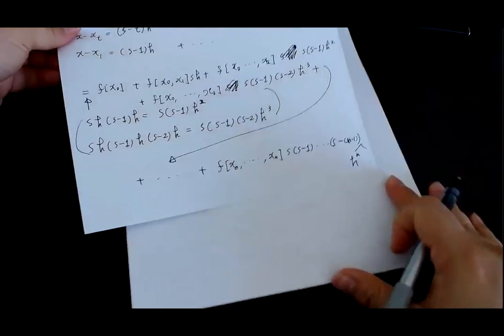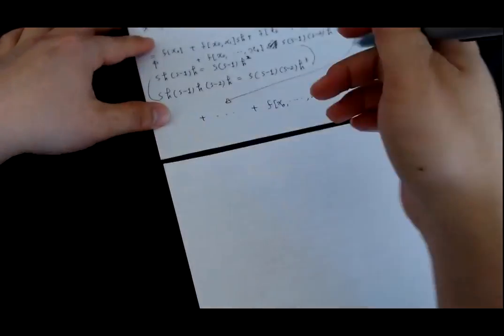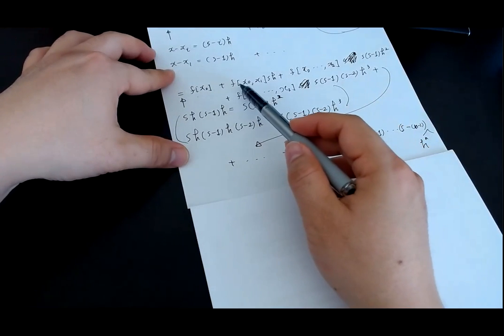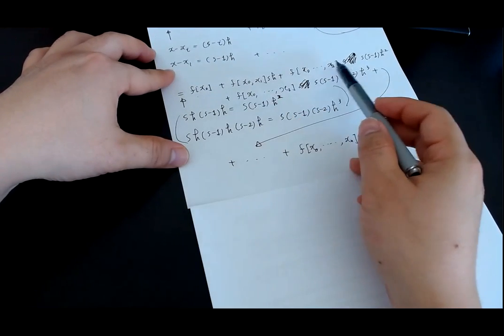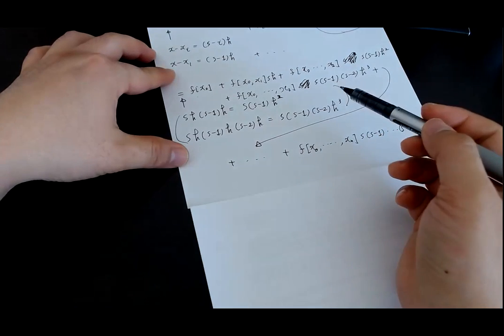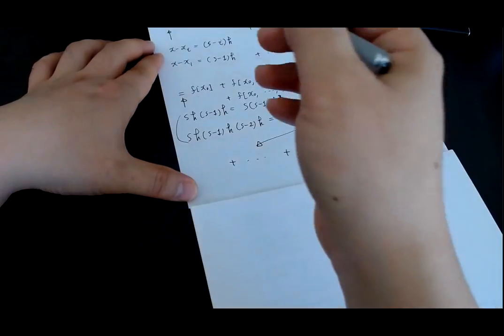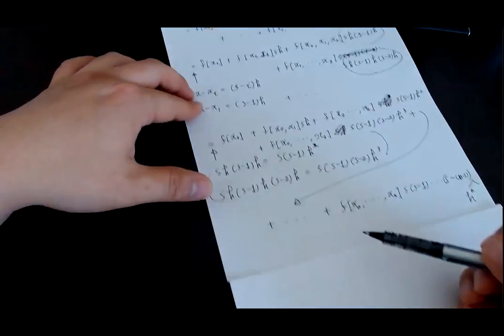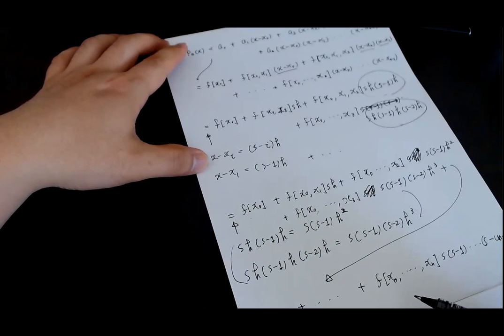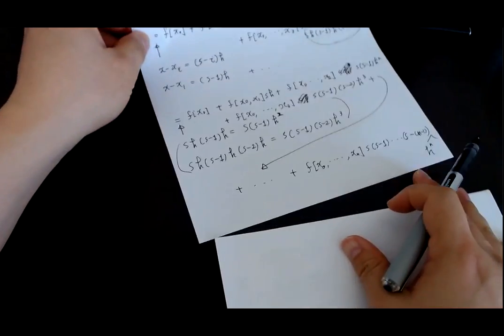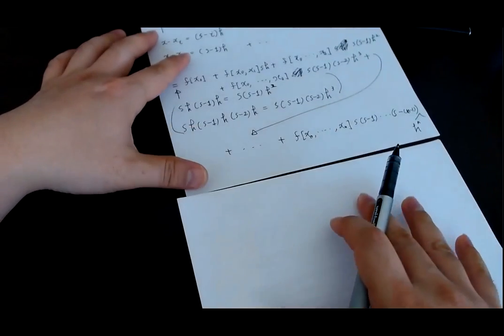So now, except for the first term, all terms have the pattern. So we could express the alternative algebraic expression of the nth degree Lagrange polynomial as like this.